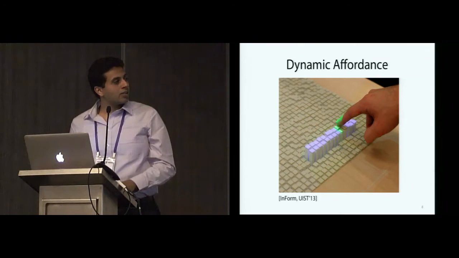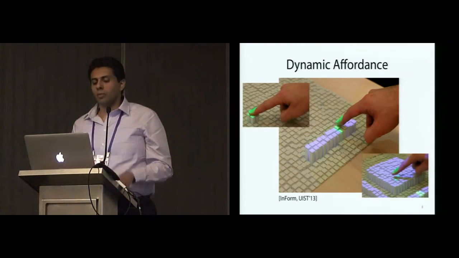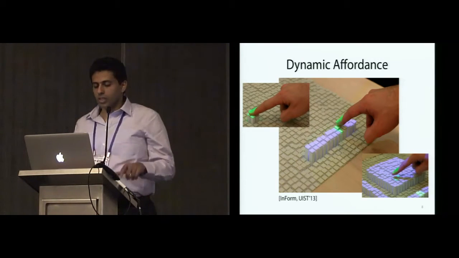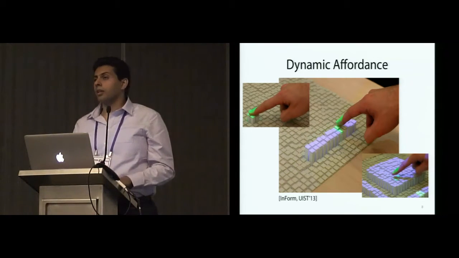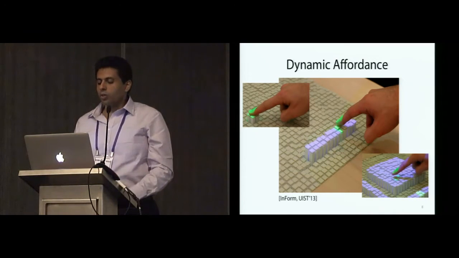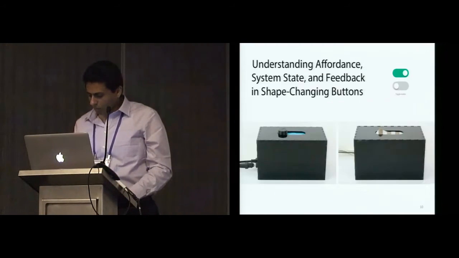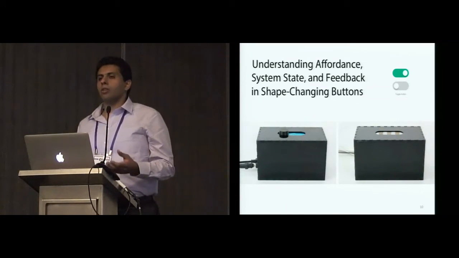As an example mentioned in Inform, the system could change from a button to a slider to a 2D tracking surface in order to guide the user on how to better use the system. And that's actually what we focus on in this work.